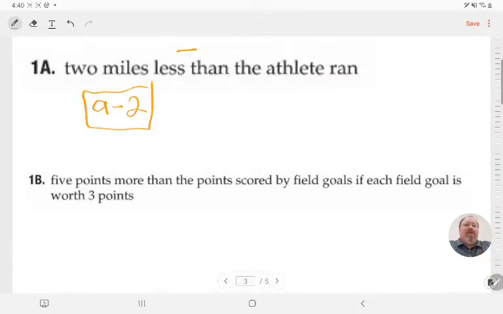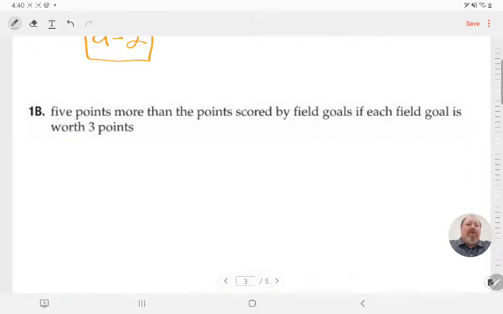Okay? And then B, 5 points more than the points scored by field goals if each goal is worth 3 points. So we know that it's more than, so we're going to add 5 to something, okay? We could let N represent the number of field goals.